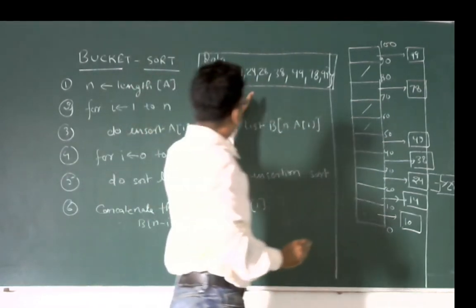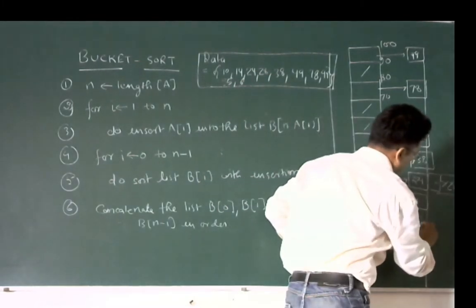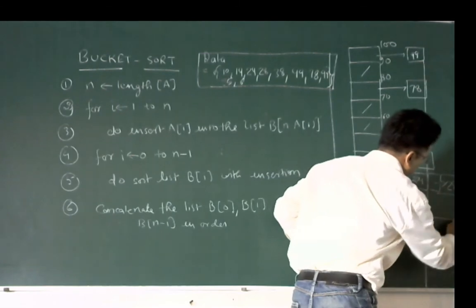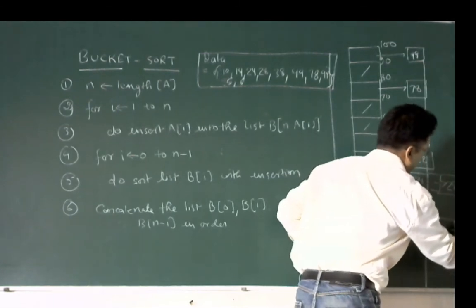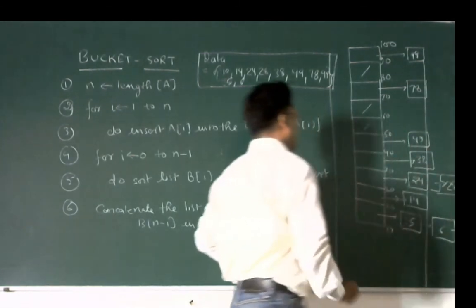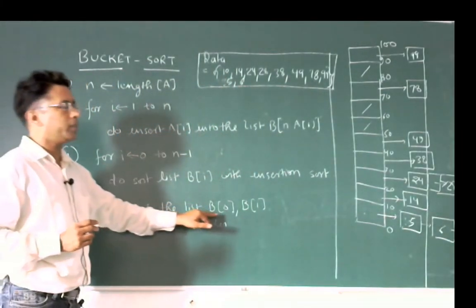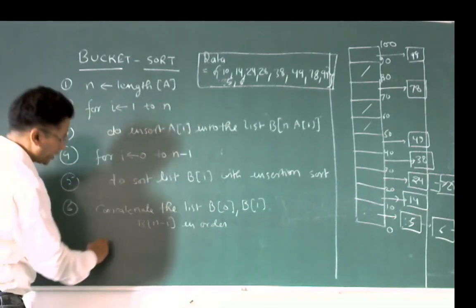Then 5 will go into this bin, and 5 will be arranged like this: 5, 6 and 10. And when I arrange all these and concatenate box-wise, I shall get the result.